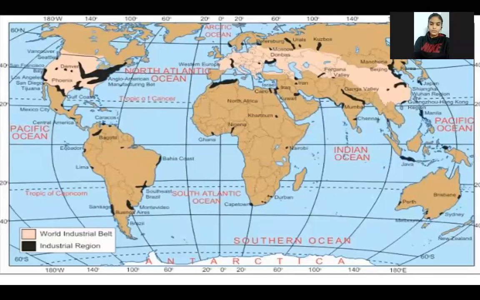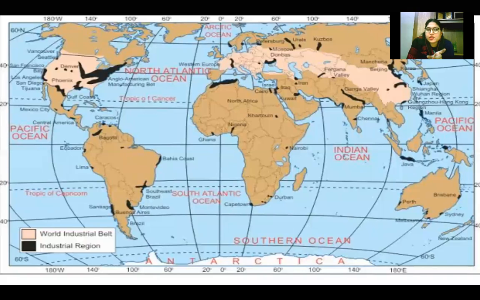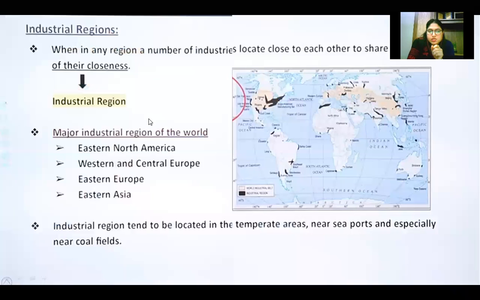Tropical is not suitable for setting up industries, so the temperate region is suitable. Industrial regions tend to be located in temperate areas because the climate is suitable for setting up industries.